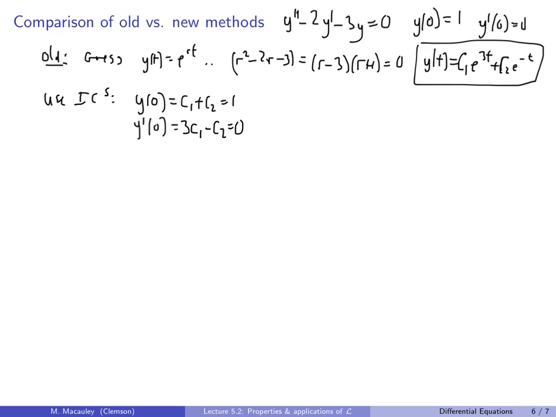So we have a system of equations right here. This is going to reappear. And it's not hard to solve this. This is c1 equals 1/4 and c2 equals 3/4.